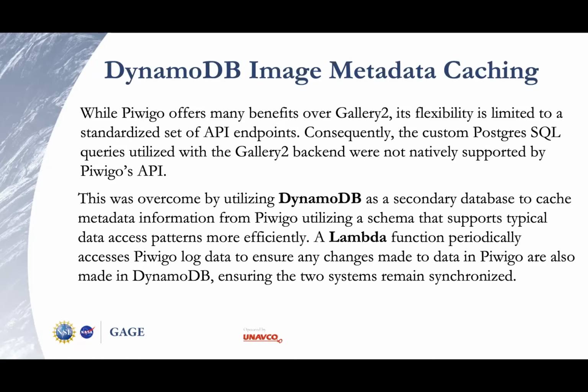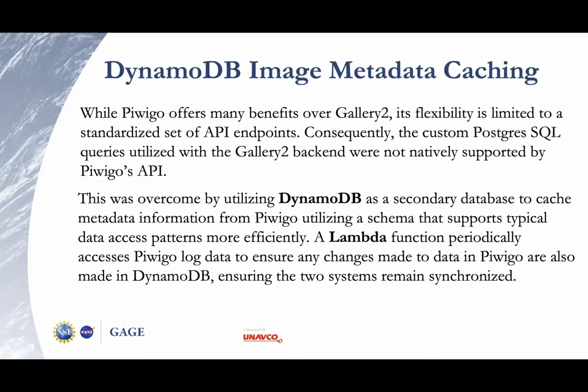With PyWego, access to the data is only through the PyWego standardized API endpoints, which is just a set of functions for how you can request data from PyWego. It's nice because it's standardized and it's the same for every instance, but it's a little bit less flexible than querying something like a Postgres server database, where you can send an SQL query that can return data in any different shape or size.